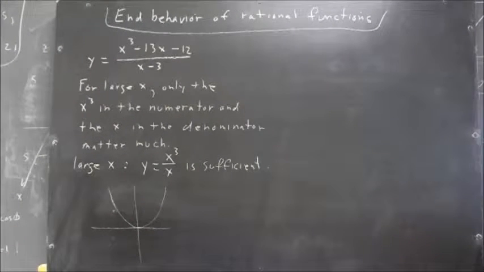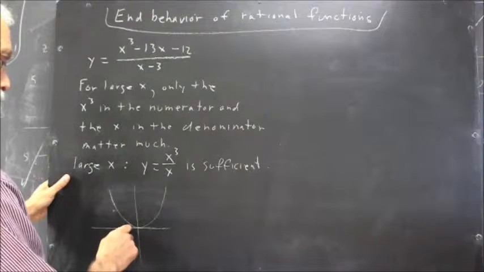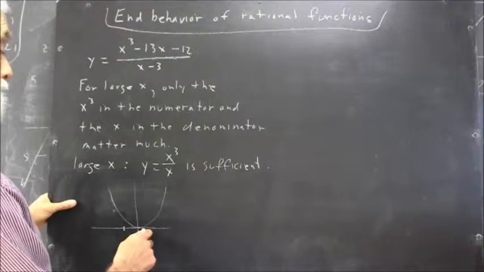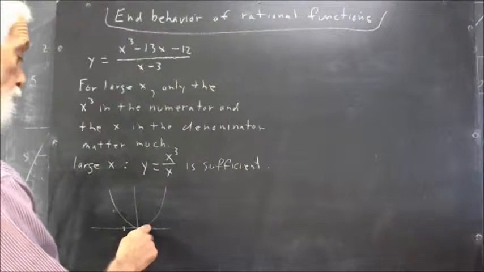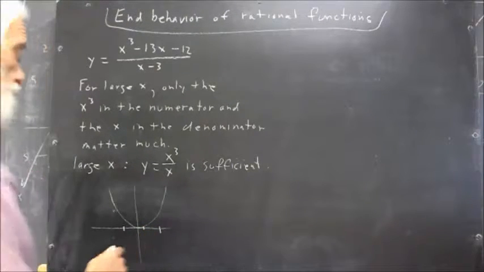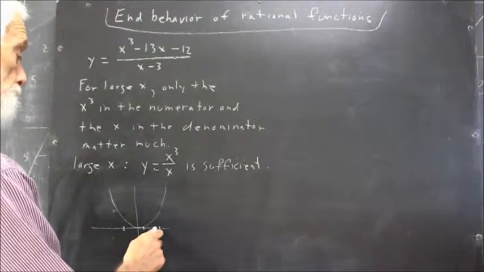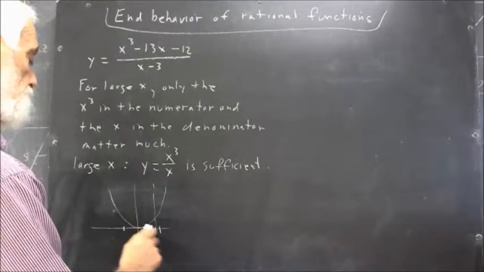What happens in between is that this function has zeros, as we can find if we factor, at negative 3, 1, and 4. And the denominator has a 0 at x equals 3, so we're going to have an asymptote at x equals 3.